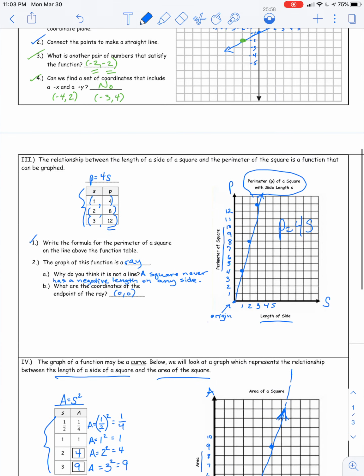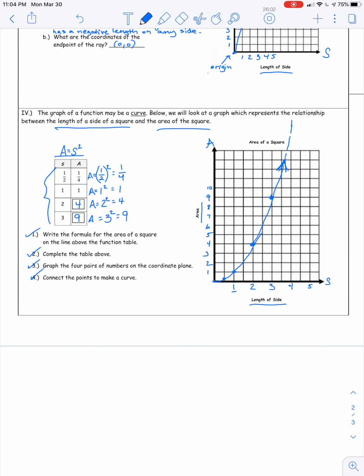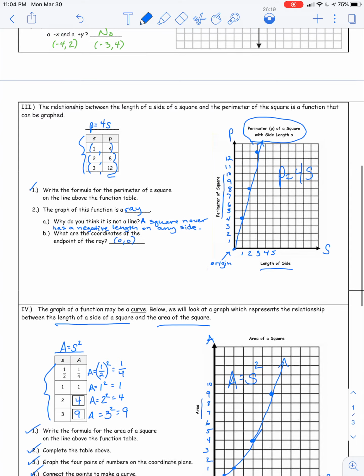You've been successful today at making 4 different coordinate plane graphs here. Please make sure also that you write here, what did we just graph? We graphed the area equals side squared, and that's what it turns out to look like. Okay, so that's basically the lesson for today.